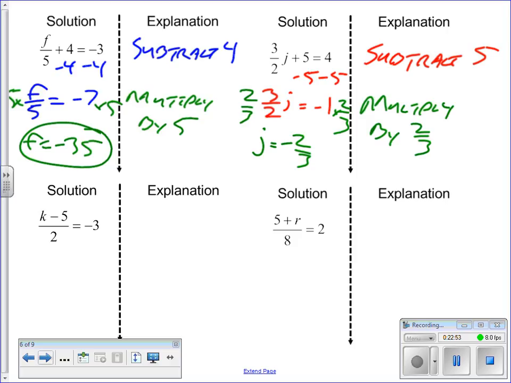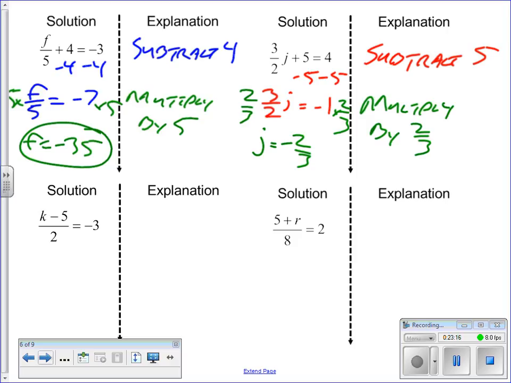Now this is what I was talking about, the exception to getting rid of the addition and subtraction first, because the entire side is being divided. So instead of getting rid of the -5 first, I need to get rid of the divided by 2 first. The key is the whole thing is being divided by 2.